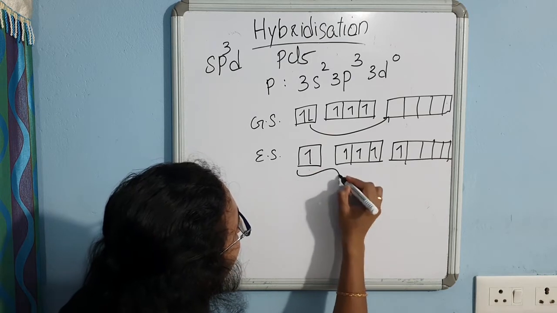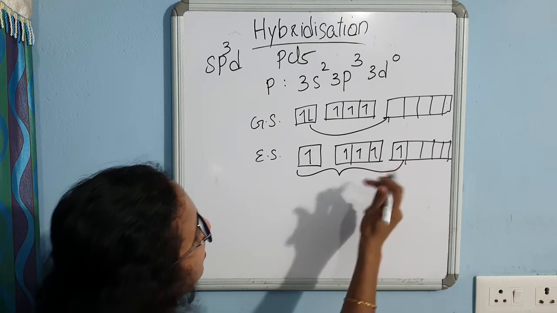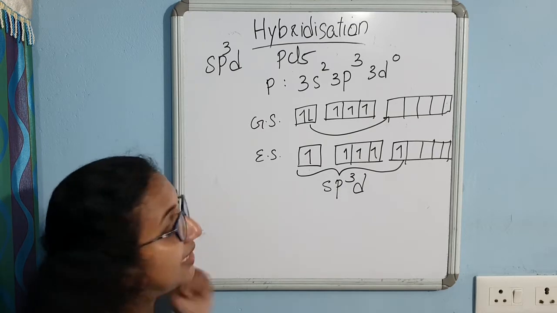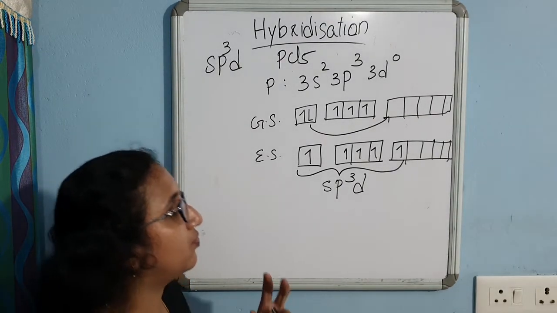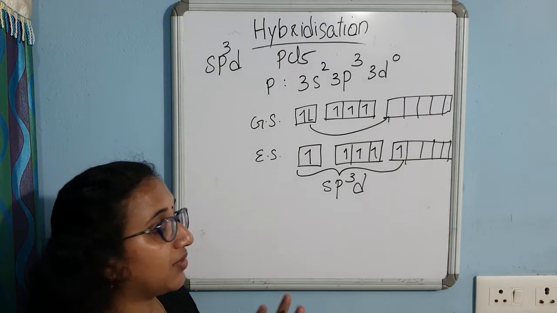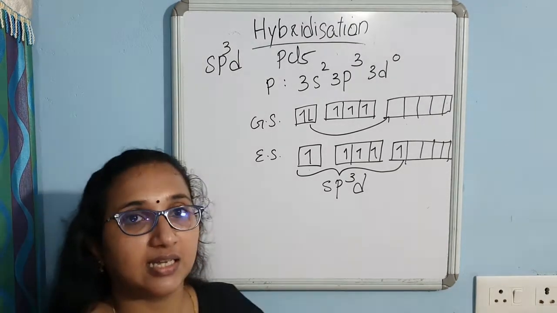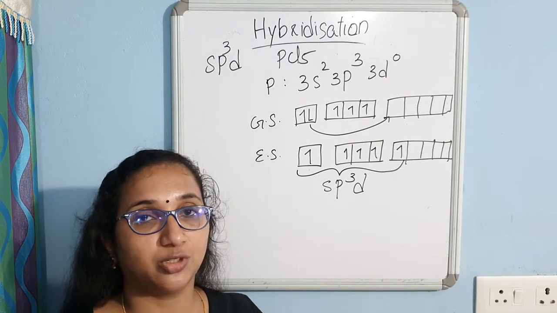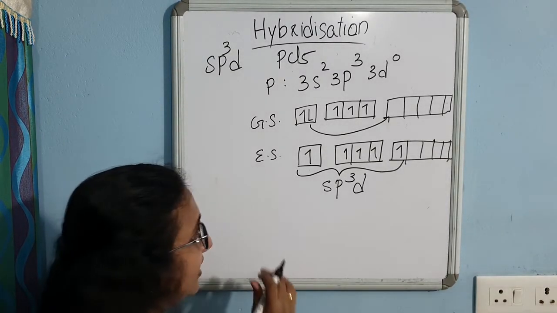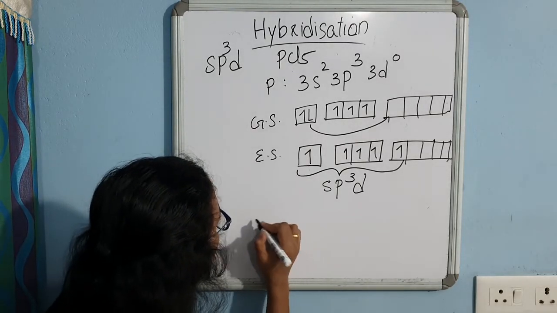So these 5 orbitals, 1s, 3p and 1d orbitals, undergo mixing or hybridization to form 5 sp3d hybrid orbitals. So newly formed hybrid orbitals are 5 in number because 5 atomic orbitals are combining. In order to reduce repulsion or to have maximum stability, they arrange in a trigonal bipyramidal manner around the central element phosphorus.